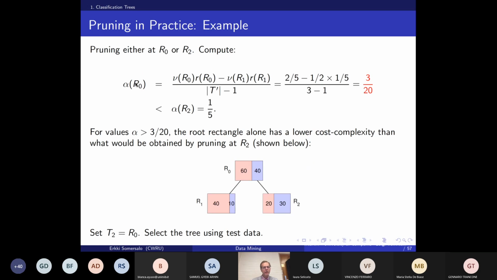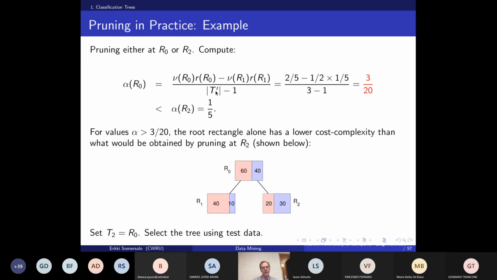And so let's see what this alpha 0 is. The importance times misclassification for R0 is 2/5. But now I have one non-pure leaf, a mixed leaf, which is R1. So I need to take the importance of this leaf and its misclassification error, and I have to subtract that. That's the only contribution which produces misclassification among the leaves under R0. So therefore I have to calculate this.